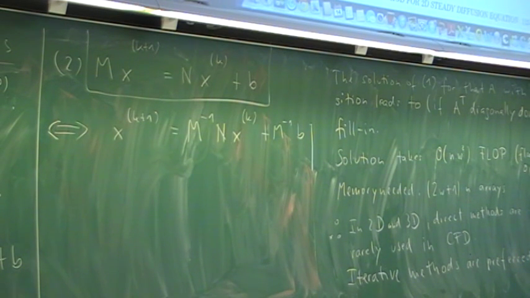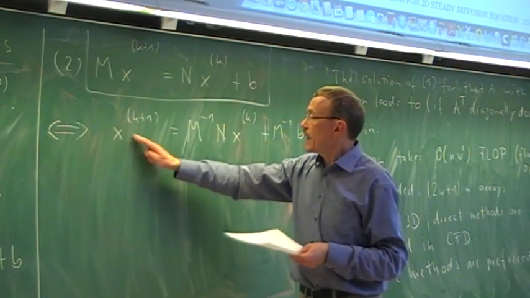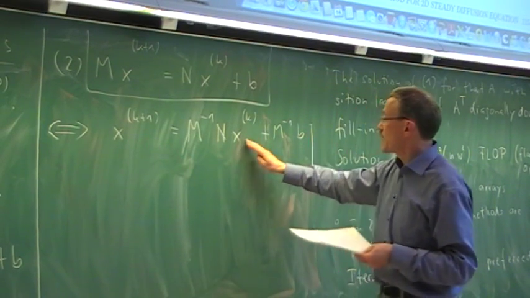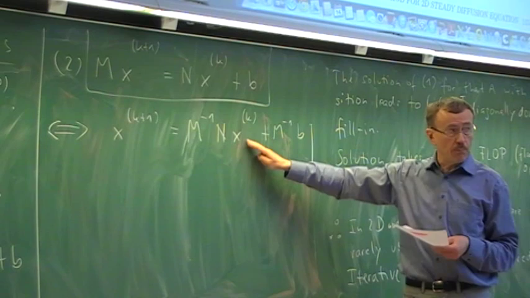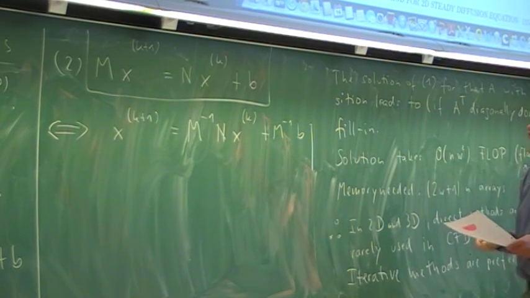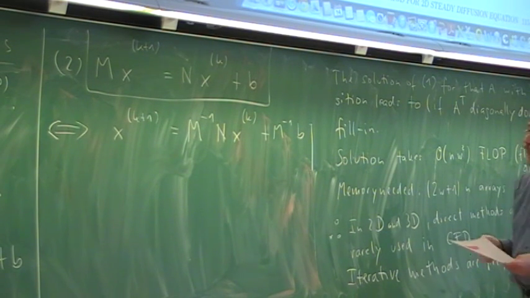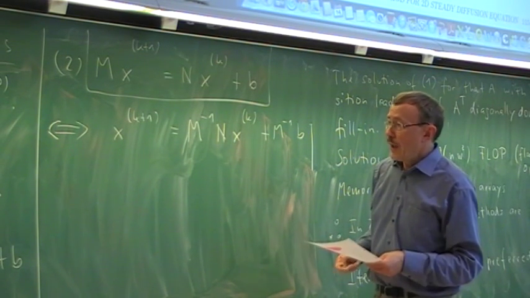And well, if we have convergence in the end, then the xk plus 1 and the xk should be the same. And then when we have convergence, in the end we should solve the problem that we want to solve. And that is the idea.